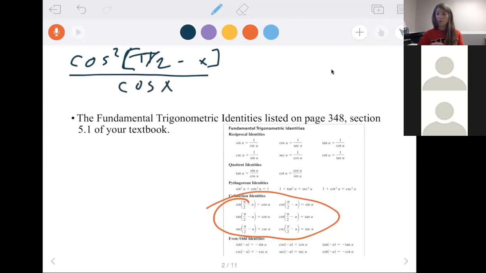In particular, note that the bottom is just cosine x, whereas the top is cosine squared of pi over 2 minus x.